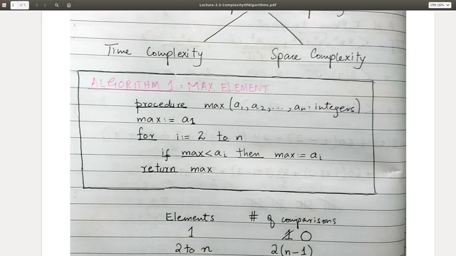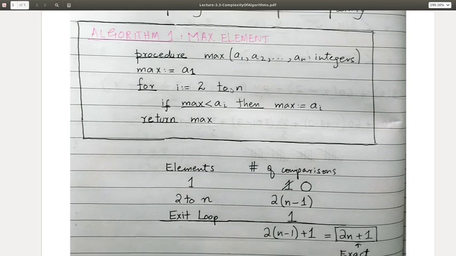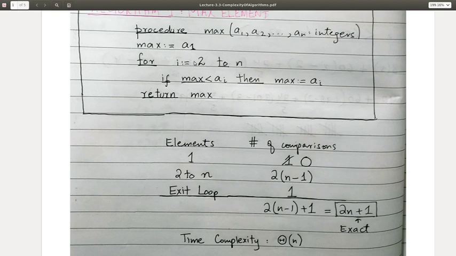All right. And so let's check out what's happening. For the first element, you're not doing any comparison because you're just setting the first element to be the max. So 0 comparisons for the first element. For the rest of the elements, 2 to n, you're doing two comparisons each.